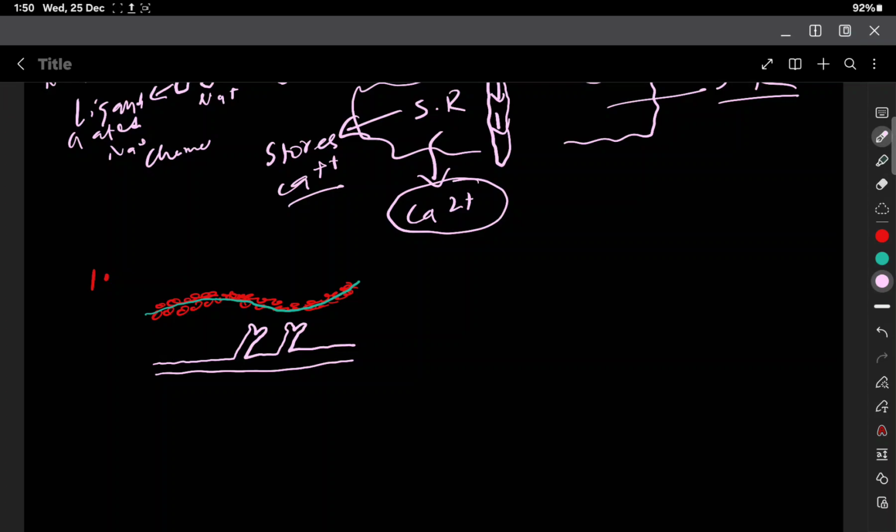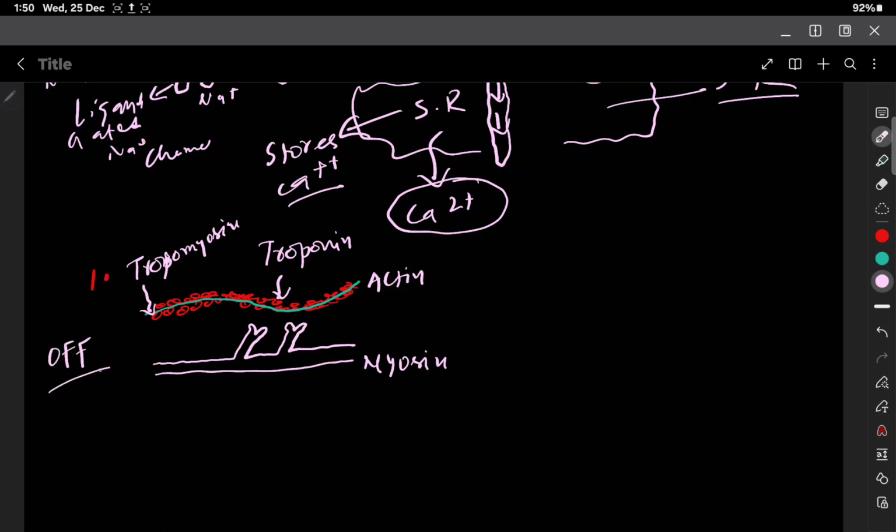This structure consists of actin first. These are the actin filaments, and this is the myosin filament. This actin has the presence of troponin and tropomyosin. Troponin is present there, and one more thing present here is tropomyosin.